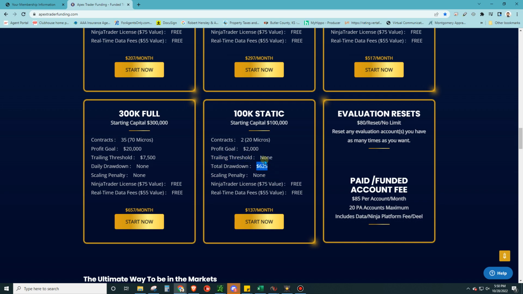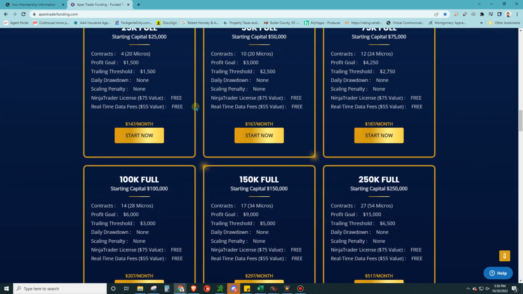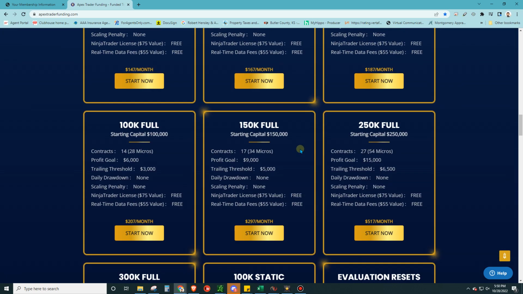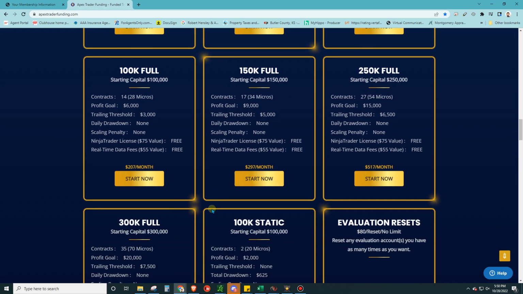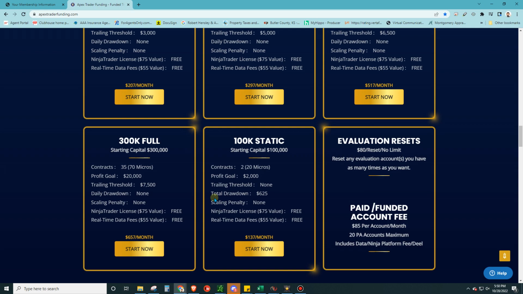So say you're in a trade and it goes against you, no big deal, because as long as you don't take losses that take you down to $625 below the 100,000, it doesn't matter. Whereas with all these other ones, your trailing stop is going to follow you as your account rises, but it will never go down. Even though you might lose money, your trailing stop is going to stay the same, and it's going to keep following the highs of your account.